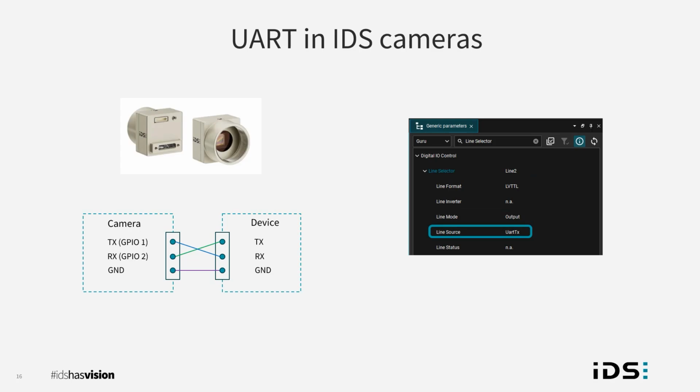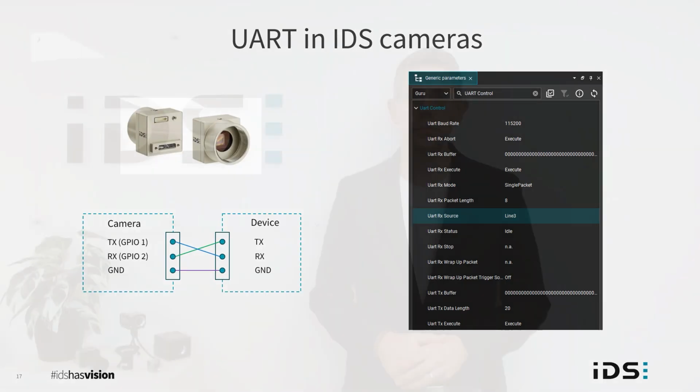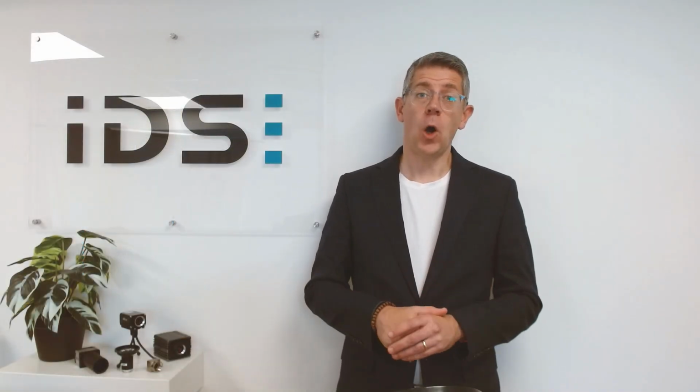This is our transmit line. Then, under the UART control section, also in the generic parameters dialog, we set the UART RX source to line 3 to correspond to GPIO2, and this is our receive line. We will see the actual transmission of data during the demonstration.